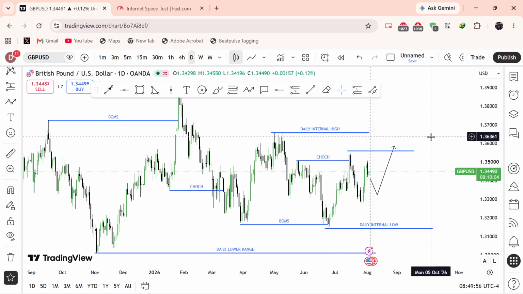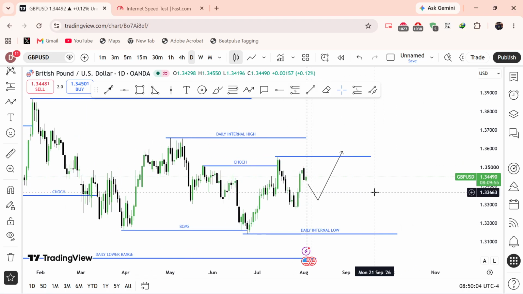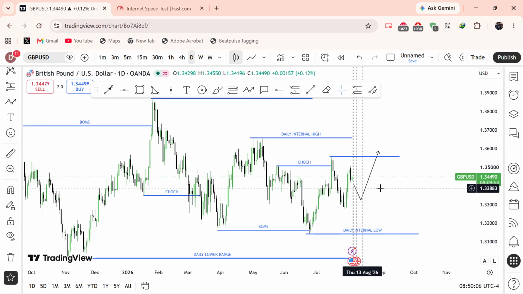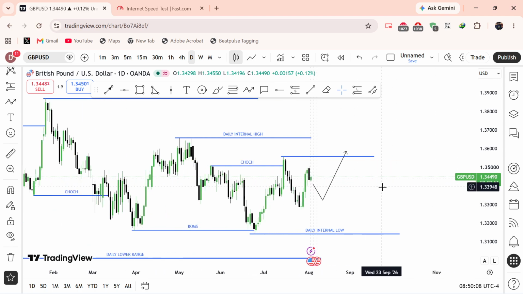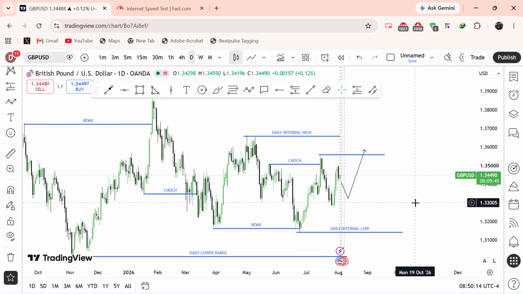I'm not saying that you are going to get negative data. This is just my anticipation, my analysis. For GU, it's not that clear. So I'll prefer trading EU over GU. Let's watch on that.